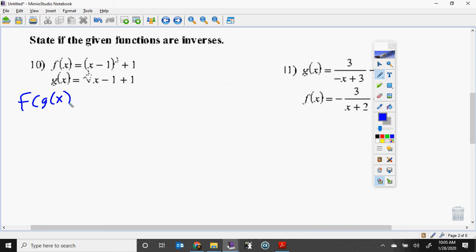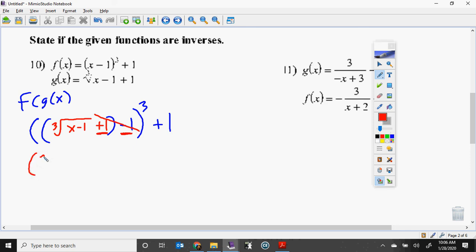So my f is my outside function. I'm going to write it down, put parentheses wherever there's an x, cubed plus 1. Inside those parentheses, I have the cubed root of x minus 1 plus 1, and then I'm going to simplify. Well, that 1 right here and this 1 right here, positive 1 and negative 1, those cancel out.